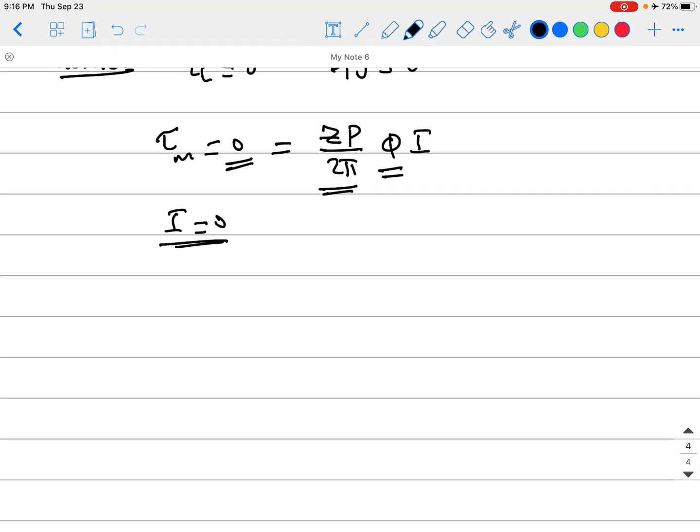It's some sort of an ideal case. It's not realistic, but the current will be very small, so it can be ignored. If the current is 0, and you know this current equals Vb minus E induced coil over R, this is the current value, and this equals 0.